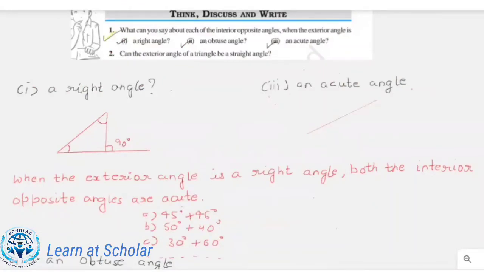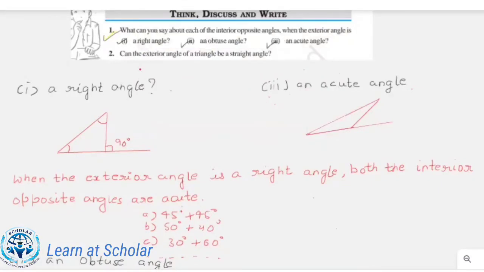Now the third one, if the exterior angle is an acute angle. Let's draw the triangle again. Exterior angle is an acute angle. You can see it is less than 90 degree.